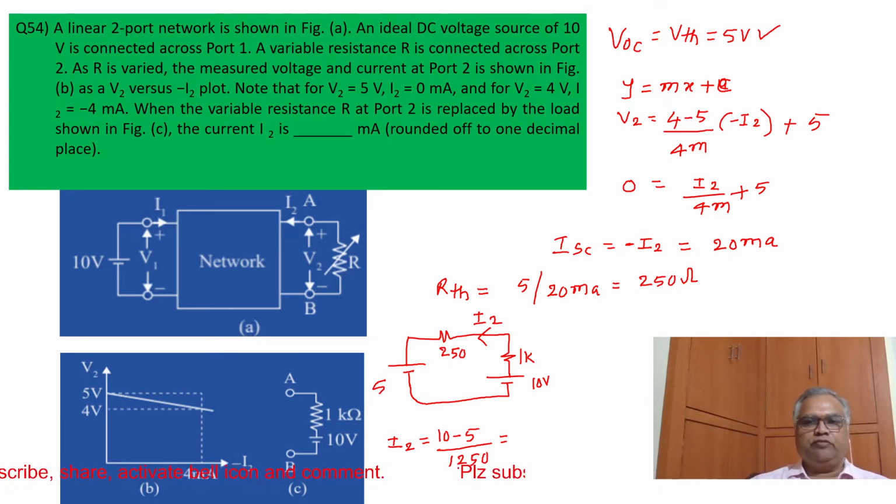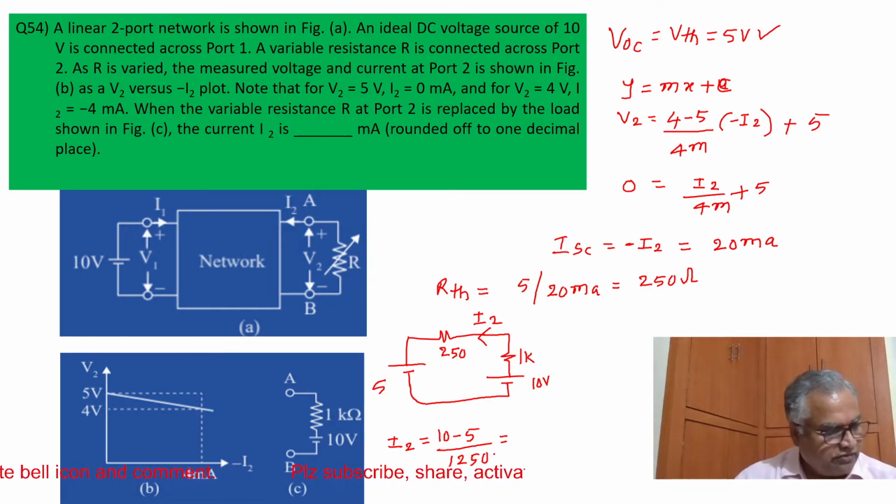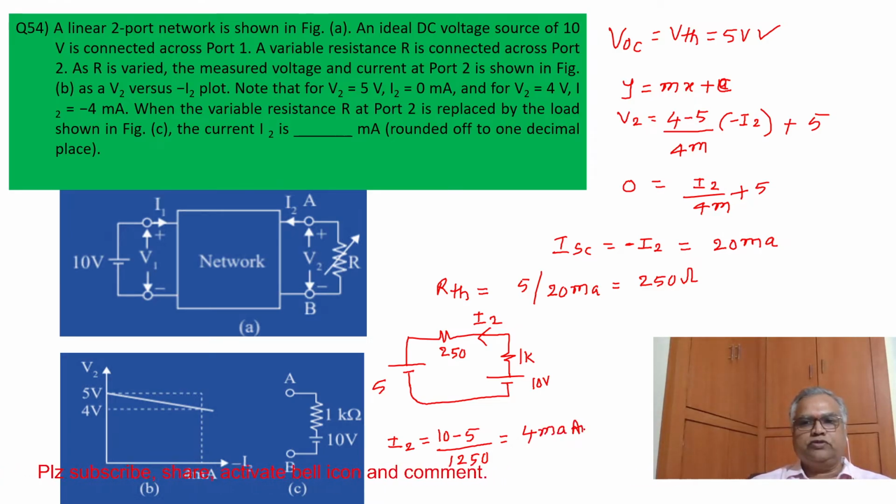So 10 minus 5 by 1250, simplify, you will get 4 milliamps. So this is the answer. So it's an application of Thevenin's theorem. This problem comes under theorems.